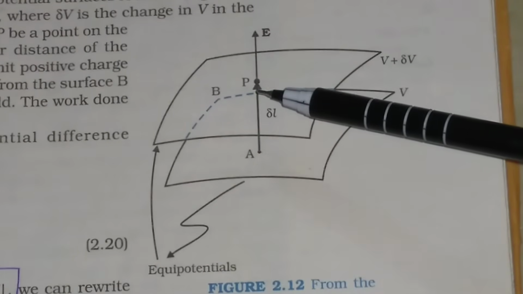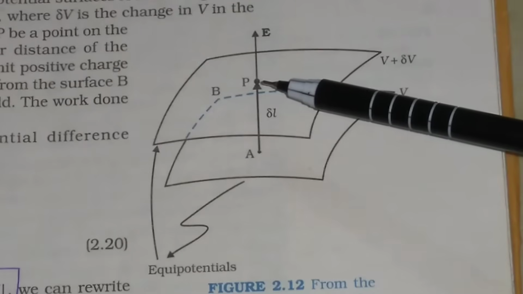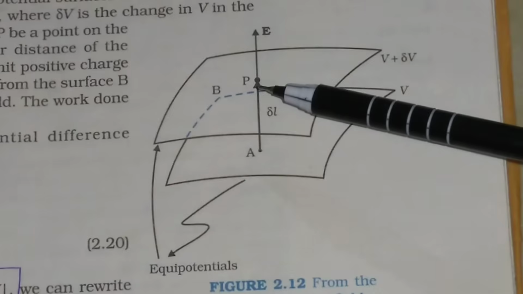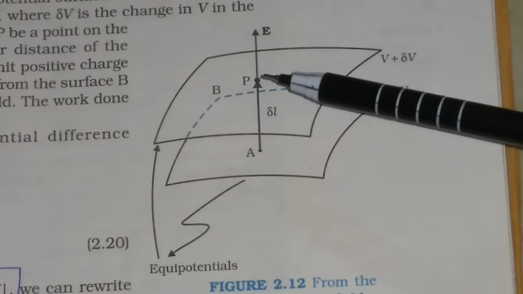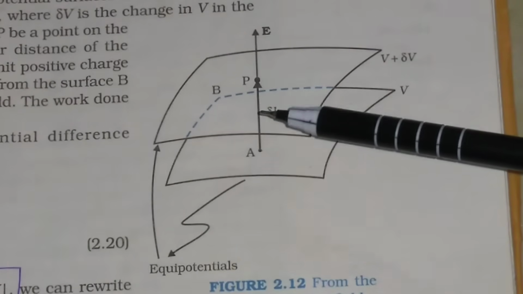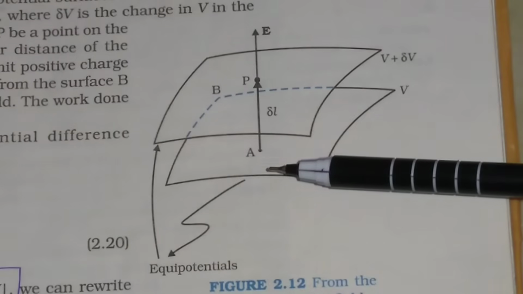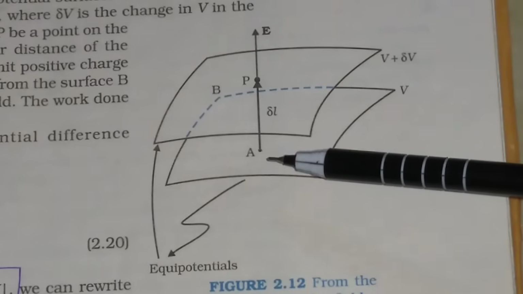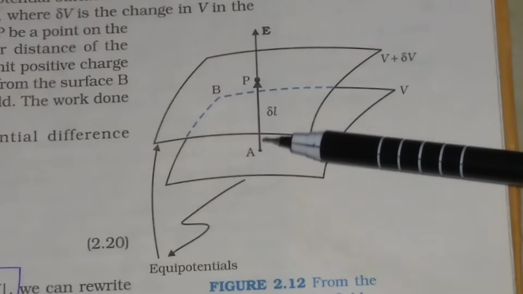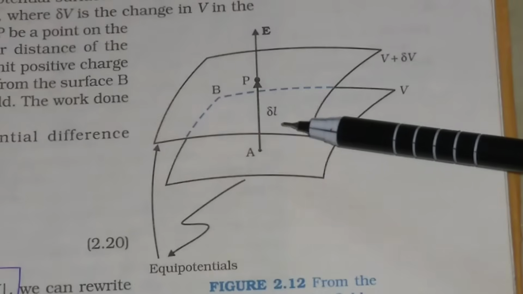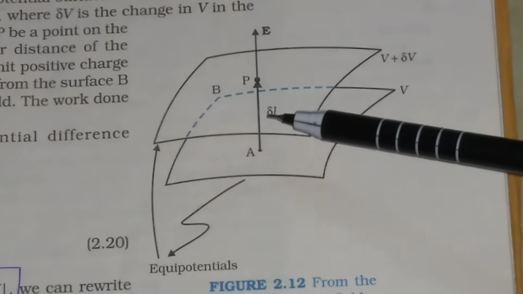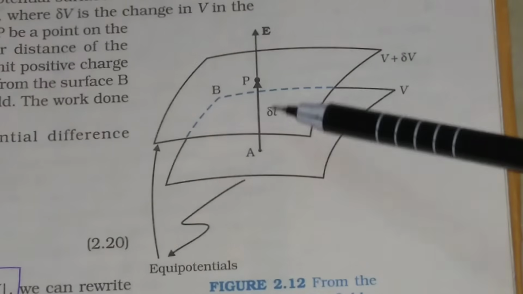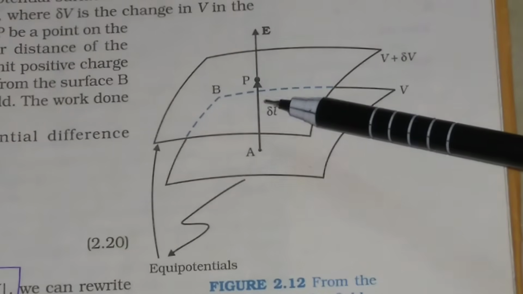Consider a point P on the top surface B. Delta L is the perpendicular distance of the surface A from P. From A to P, you have a perpendicular distance delta L.